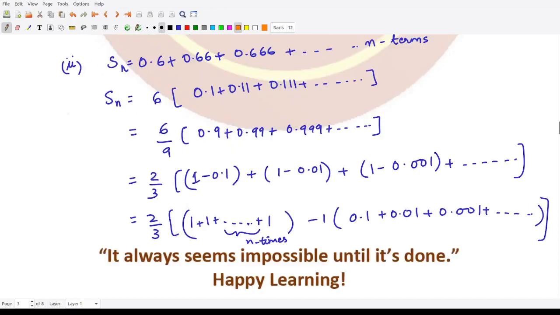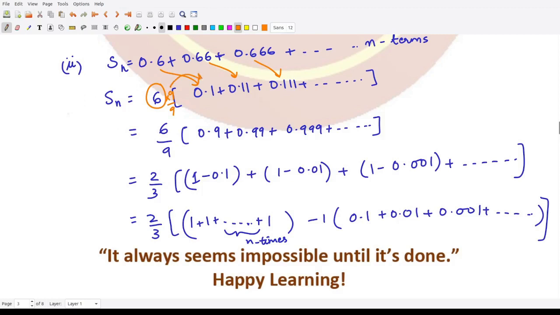For the solution of the second part, we are given 0.6 plus 0.66 plus 0.666 and so on up to n terms. We have to find the sum. You can take 6 common from each of the terms, so you will be left with 0.1, 0.11, 0.111 and so on. Again you can multiply and divide by 9 in the numerator as well as the denominator.